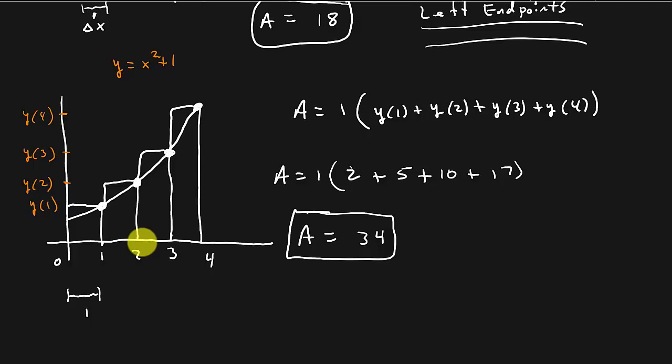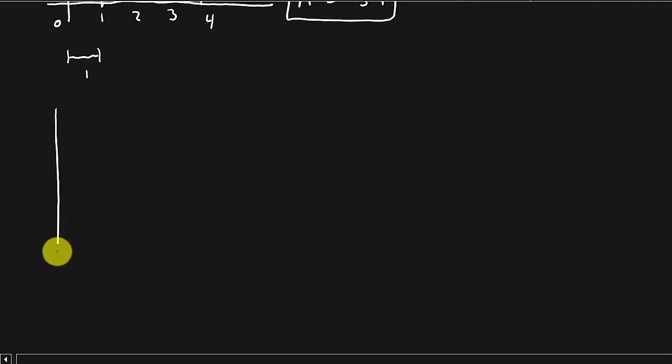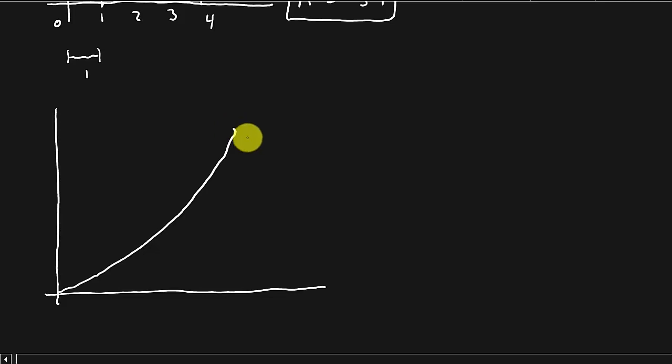All right, so now let's work this problem one more time using midpoints. So let's see what we've got here. Try to make this kind of wide to give us some room. So there's 0, there's 4, 1. Okay, so there's our 4 rectangles.